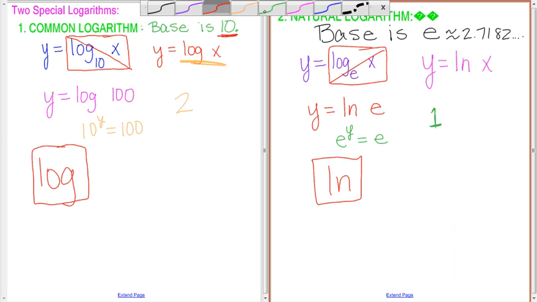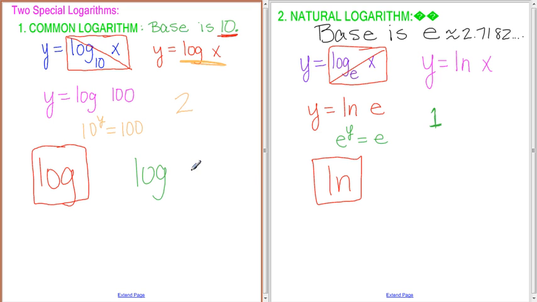So as an example, if you were given log of 76, that's saying 10 to what power is equal to 76. Without even touching our calculator, we do know that this is going to be between 1 and 2 because 10 to the first power is 10 and 10 to the second is 100.